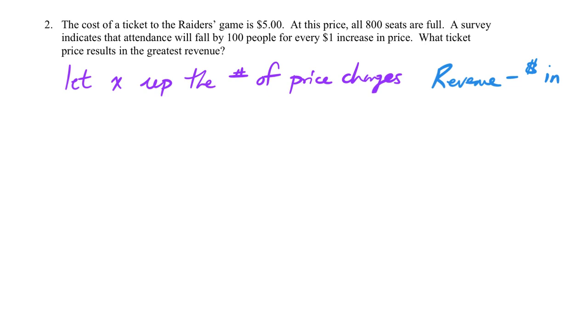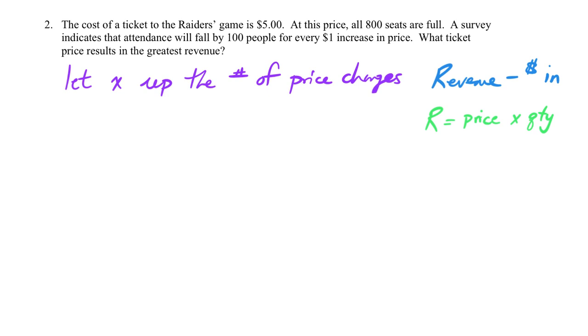So if we know what revenue is, then revenue is only made up of two things. If I want to figure out what revenue is, I need to consider two things. How much am I going to charge when I sell it? That's my price. Then, how many of them am I going to sell? There's my quantity.